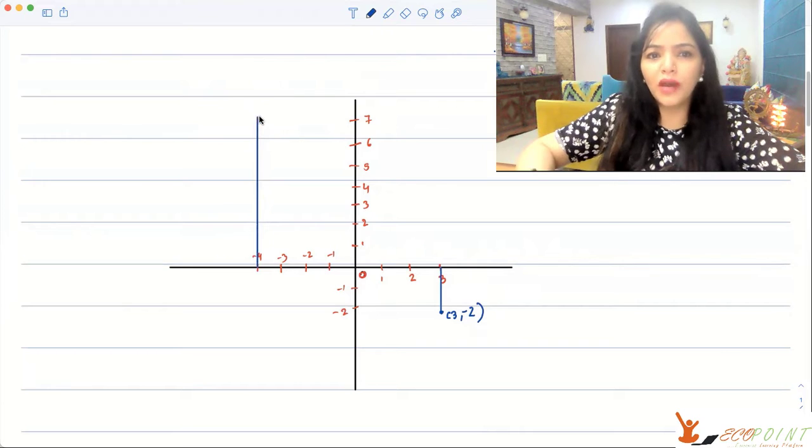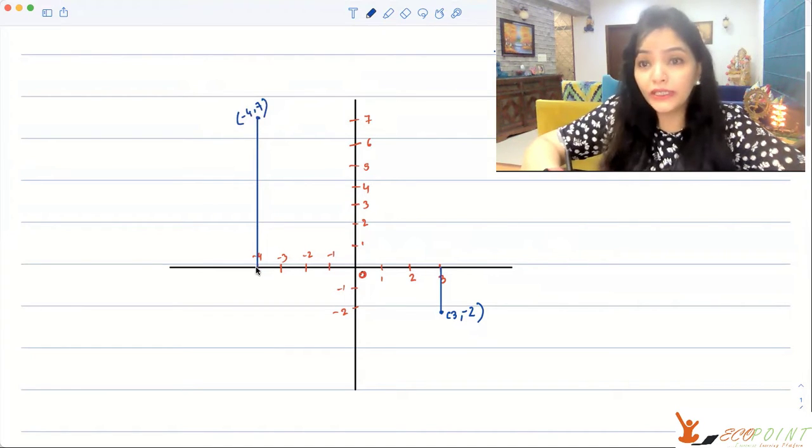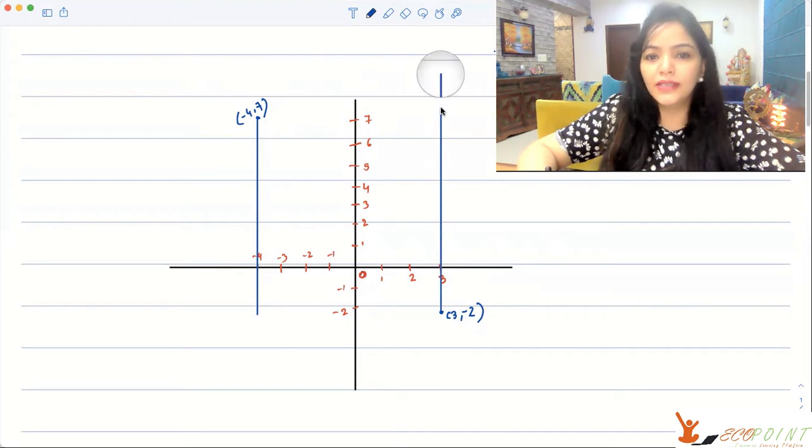And we're talking about a rectangle being formed. How will a rectangle be formed? When we are able to join the vertices, right? So how will we join? Extend that. These have to be two parallel lines.